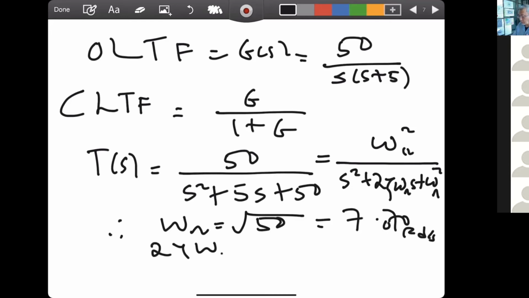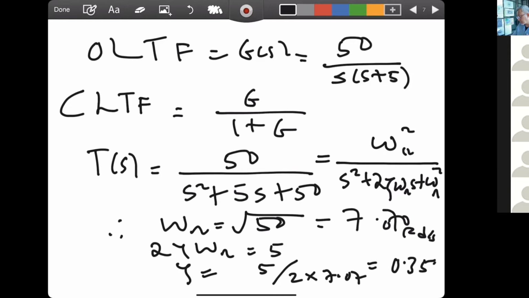2 zeta omega n sama dengan 5. So zeta dia berapa? Cyrus? 0.354. Okay.